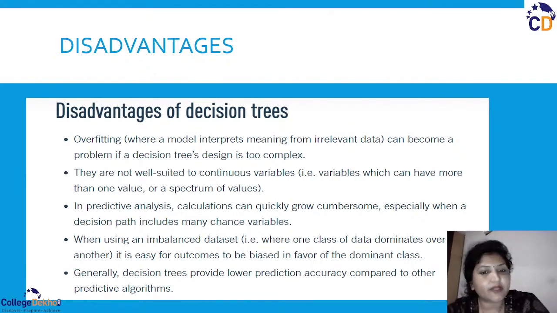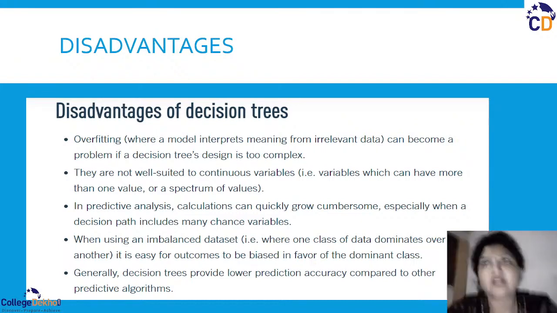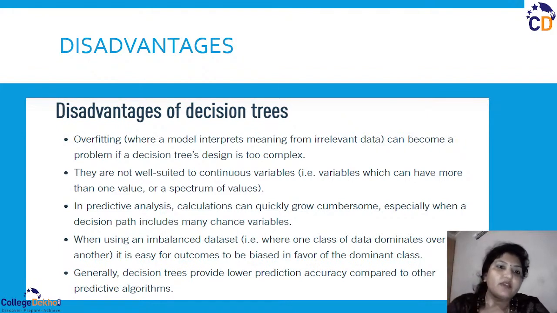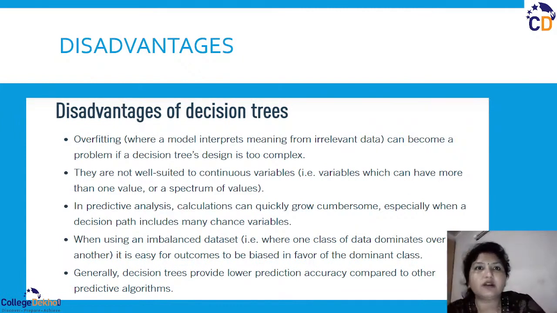Generally, decision trees provide lower prediction accuracy compared to other predictive algorithms. So basically, now we usually use decision trees with random forest or ensemble techniques, because there we want multiple parallel decision trees rather than a single decision, right? Based on a single decision it would be a different answer, and parallel decision trees each give a corresponding answer, and then a voting system is there in random forest when we implement the ensemble technique.